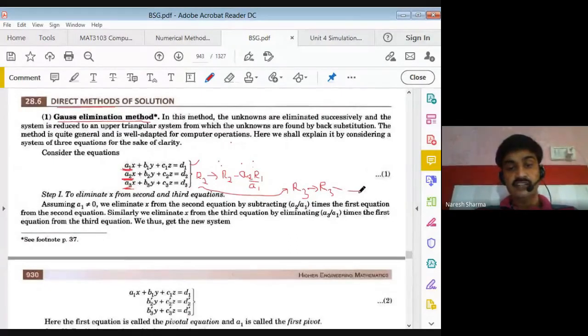Once you divide your first row, that is R1 by a1, the first position becomes 1 only, and we multiply this by a3. Once you multiply by a3, this becomes a3 minus a3, that is 0. The first element is eliminated, so x is eliminated here.